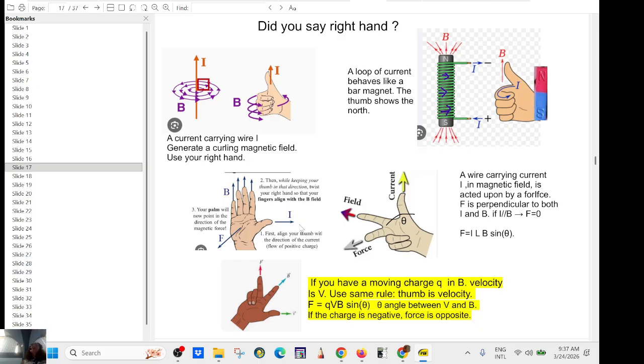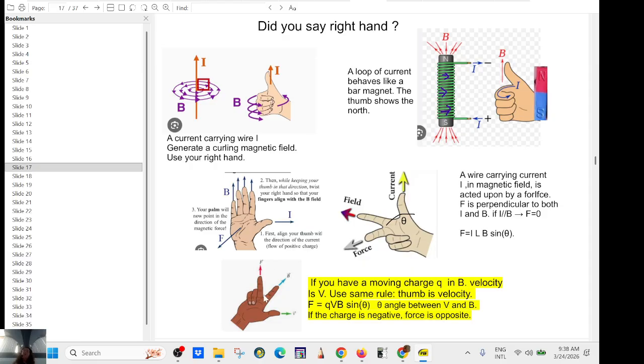If it's a negative charge, then you can use your left hand. And I told you that this force is in 3D because it's a cross product. That force is always perpendicular to the velocity or the current, and perpendicular to the magnetic field. So that force is a deflecting force.